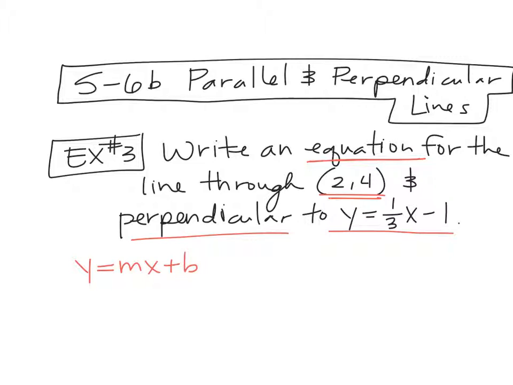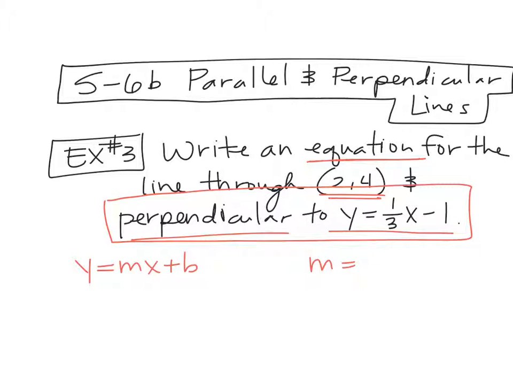If I want to be perpendicular to this line, what am I using from that equation? The slope, okay? So what is your current slope? 1/3. So if my slope right now is 1/3 and I want the perpendicular slope to that, what do I have to do to 1/3 to make it the perpendicular slope?